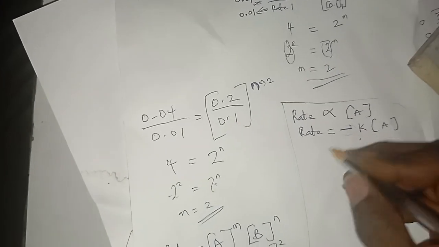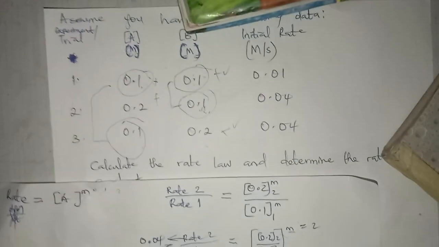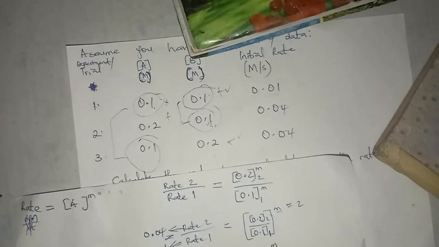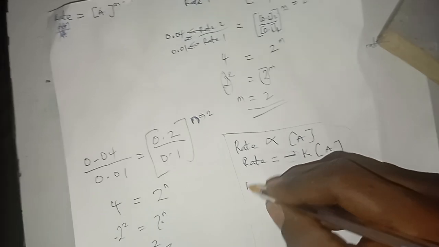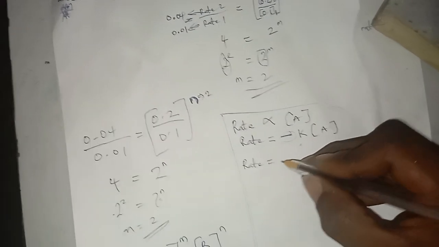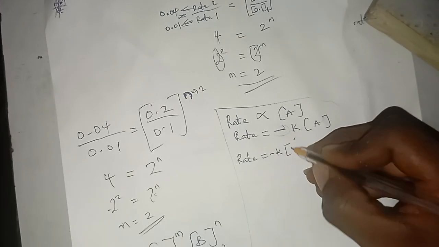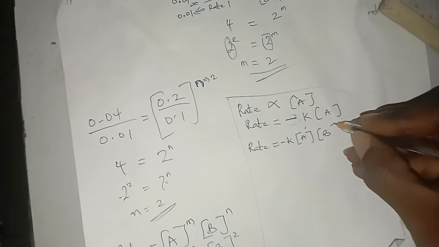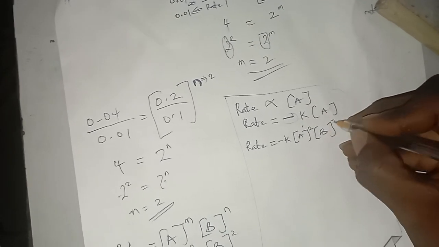So if I know this, in order to get K, I will go back to the given question. The first thing I see here is what I'm using. So what I will simply do here is to say rate will be equal to minus K, A and B, and notice that it is raised to power 2, 2.